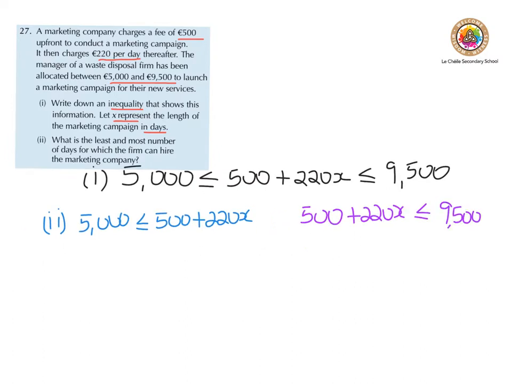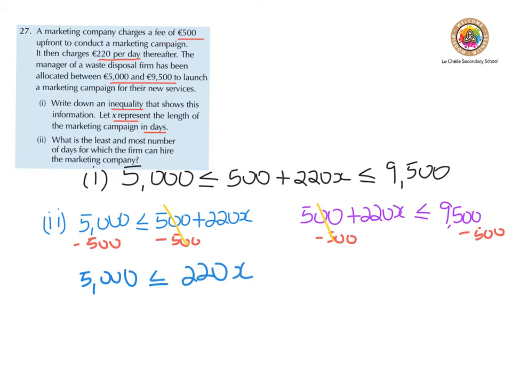Okay, and so again, just solving both of those, well, here I need to take away 500 on the right hand side, so I'm also going to do the same here. And equally over here, I will take away 500 on this left hand side, so I'll also take away 500 here. And that cancels there, and this also cancels here. And so on this side I'm left with 5,000 is less than or equal to 220x.